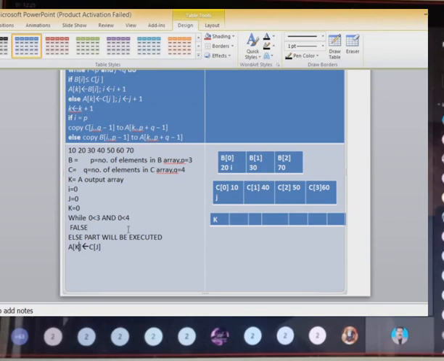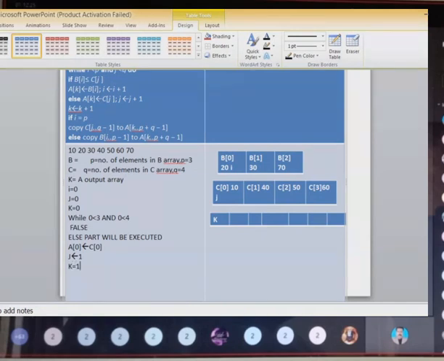Now A of K is A of 0, C of J is C of 0. J equivalent to J plus 1, that is 0 plus 1, 1. Also K equivalent to K plus 1, that is 1.